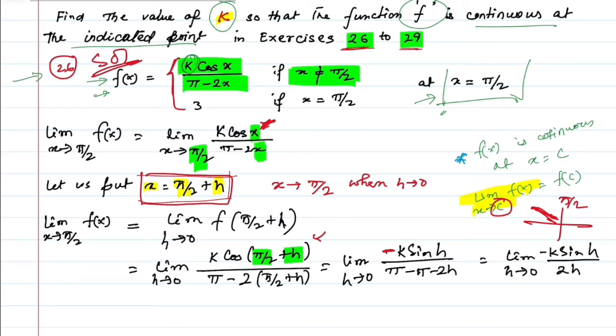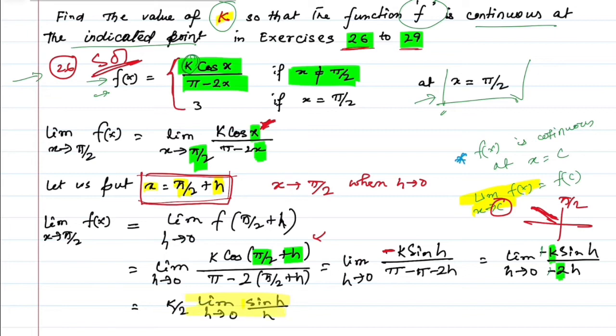Here minus minus cancel. This k by 2 is a constant, so you can write k by 2 limit h tends to 0 sin h by h.